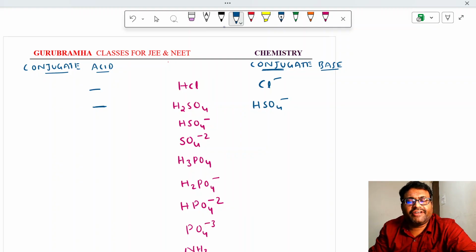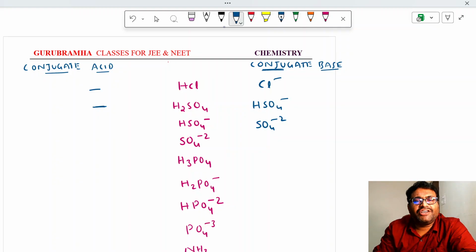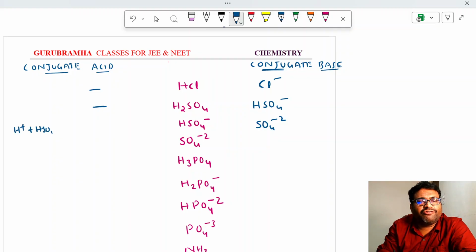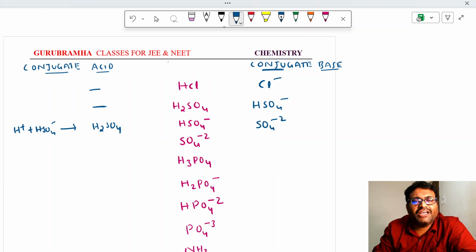HSO4 minus. For HSO4 minus, if you remove H plus, then what do you get? SO4 minus 2. So SO4 minus 2 is the conjugate base of HSO4 minus. Then what is the conjugate acid of HSO4 minus? Can you add H plus to this? Yes. H plus plus HSO4 minus gives you H2SO4. So the conjugate acid of HSO4 minus is H2SO4.